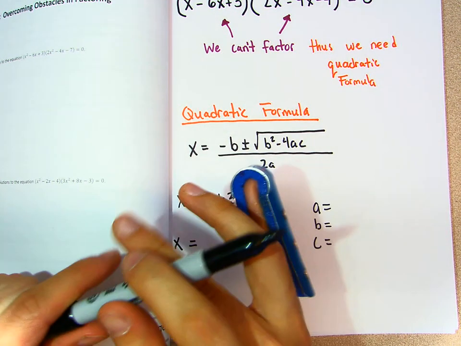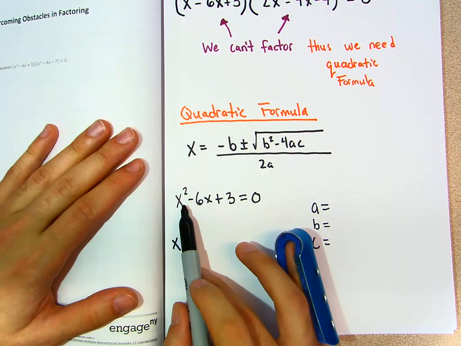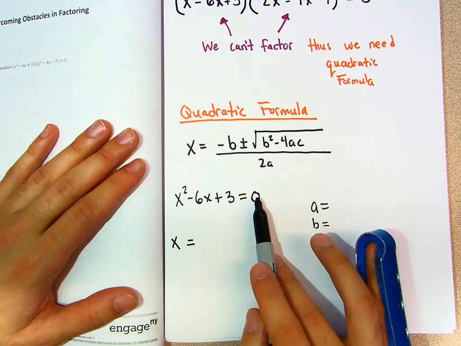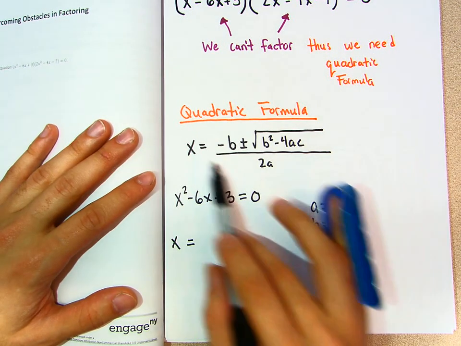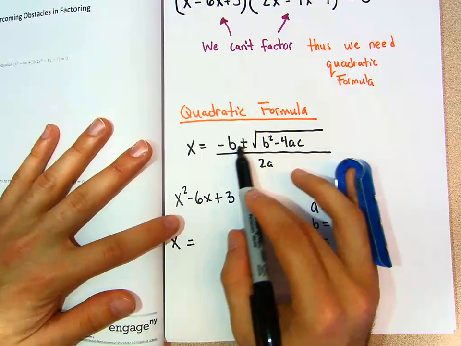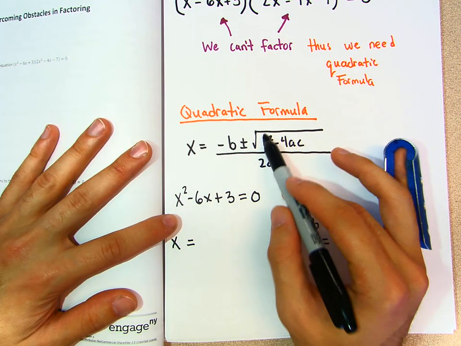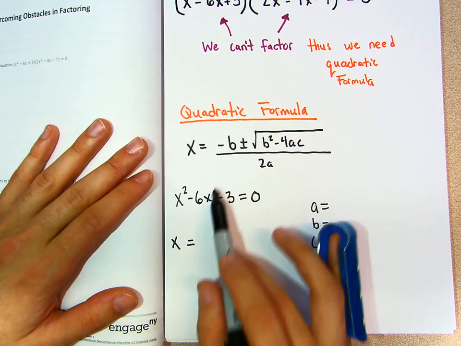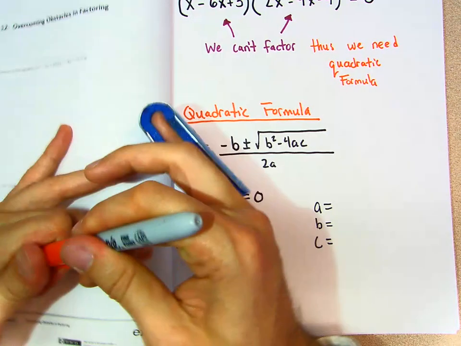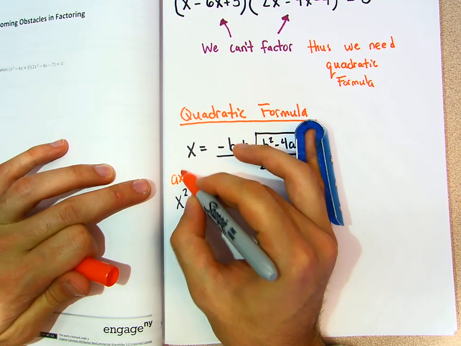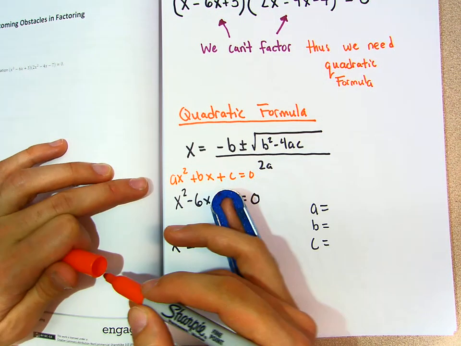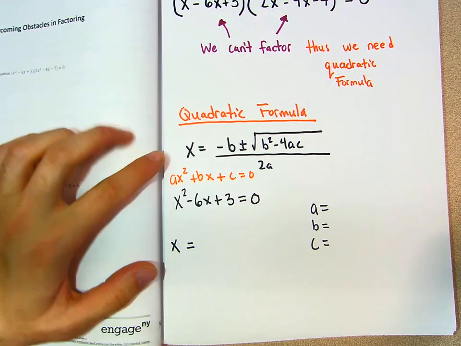So let's do the setup. Here we have x squared minus 6x plus 3 equal to 0, and this is the quadratic formula: x equals negative b plus or minus the square root of b squared minus 4ac, all divided by 2a. If I have ax squared plus bx plus c equals 0, what is my a?